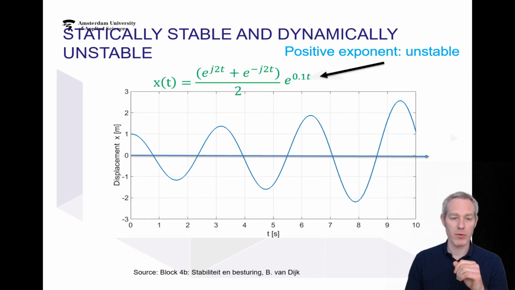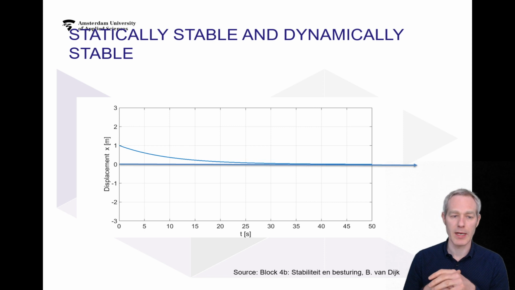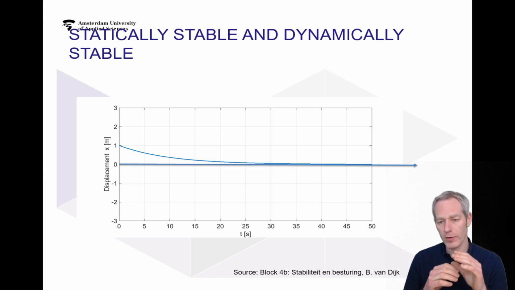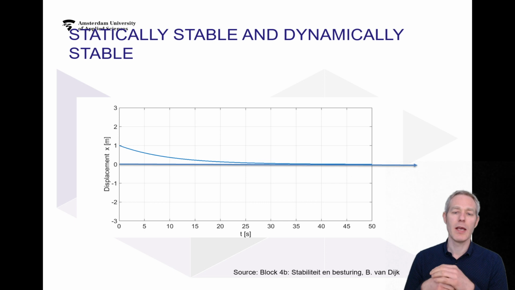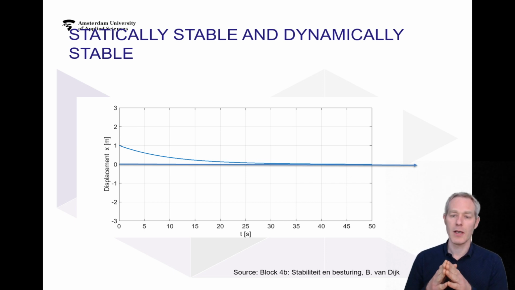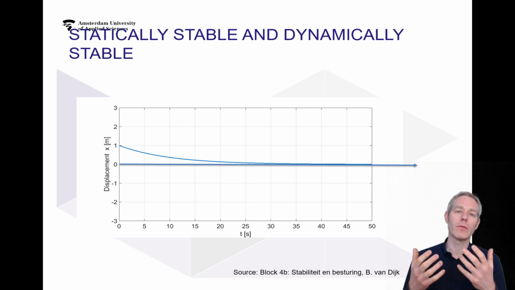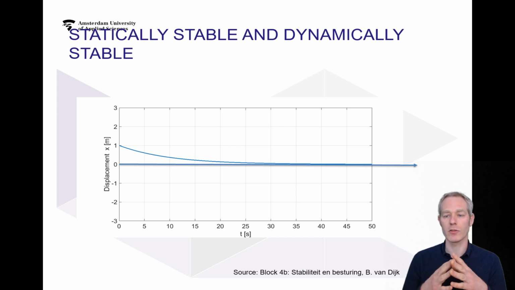And the other example is here, where we see just an exponential decay towards the equilibrium position, and it doesn't really matter how it gets there, but over time it has to get within a smaller and smaller bandwidth around that equilibrium position, and for t to infinity it should asymptotically reach this equilibrium position. And that is really what we talk about when we talk about stability in control systems.